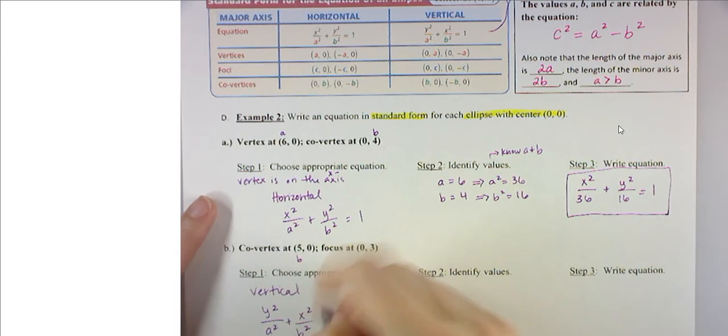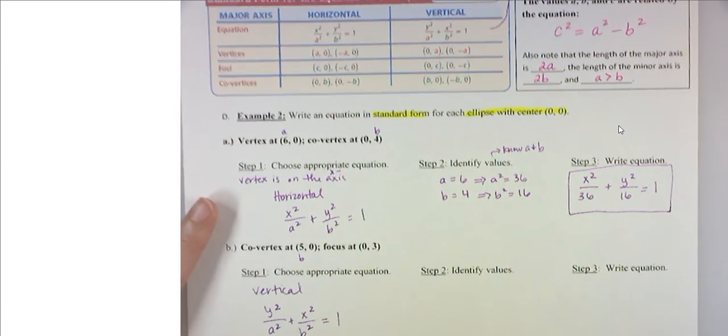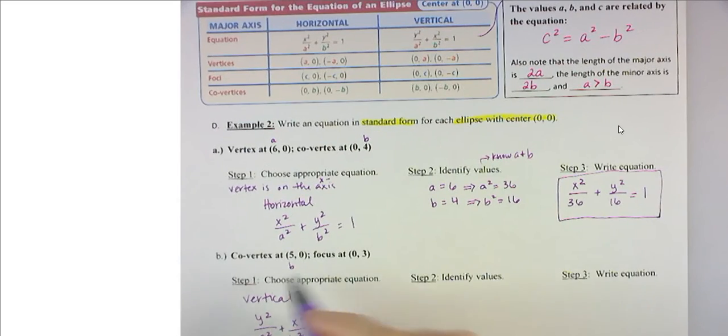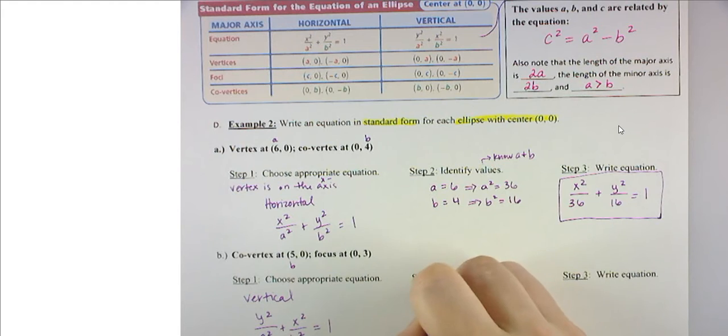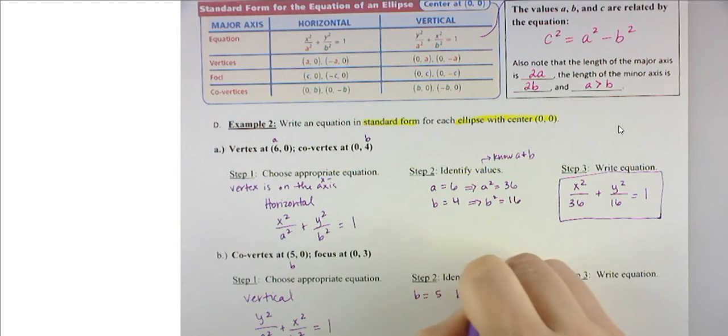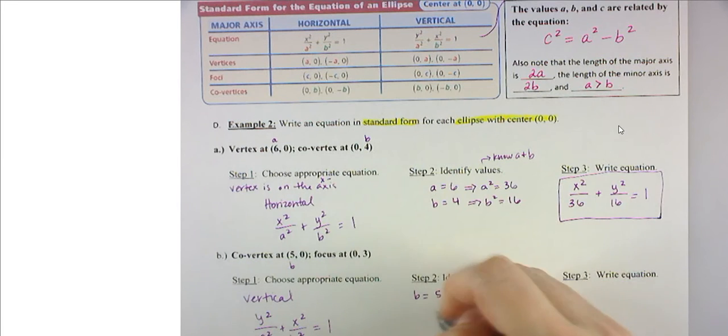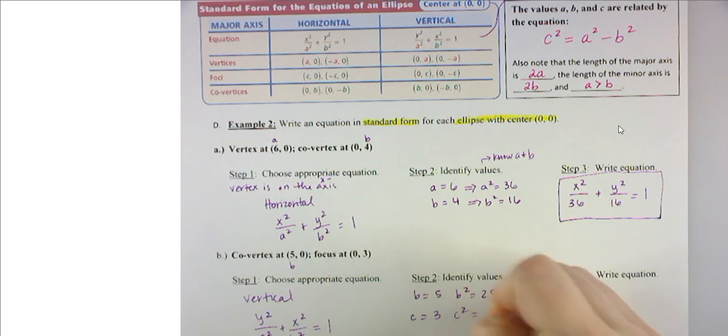Okay, and let's identify the values. So we know that b is 5, which means b squared is going to be 25. And then the focus is c. So we know that c is 3, c squared is going to be 9. Well, all I need is a squared and b squared. I don't have that.